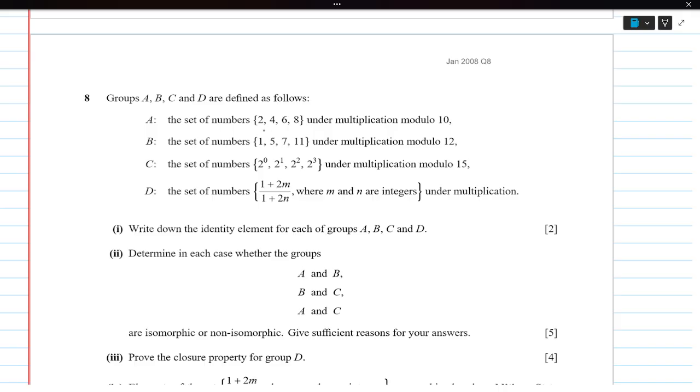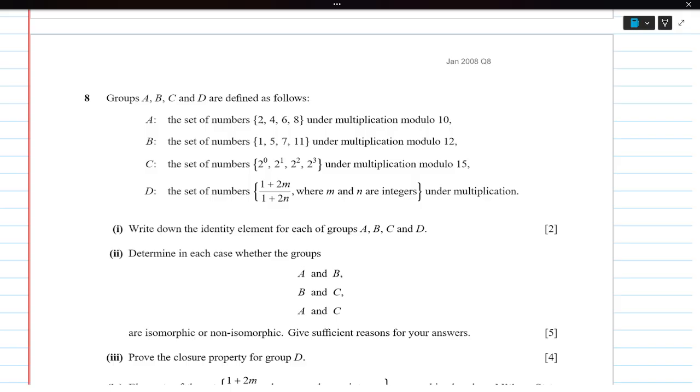So it's not 2 because 2 squared is 4. It's not 4 because 4 times 4 is 16 and modulo 10 is 6. It is not 6 because 36 modulo 10 is 6. And so it must be 8. And 8 times 8 is 64 modulo 10.